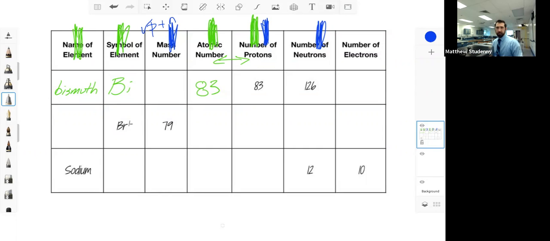And I have to give you one of those. So remember, protons plus neutrons equal the mass number. You will always know protons. And in this case, I know protons, I'm given the neutrons, and we're just gonna add those together. So 83 plus 126 gives me a mass number, protons plus neutrons, of 209. And that's it for the mass.